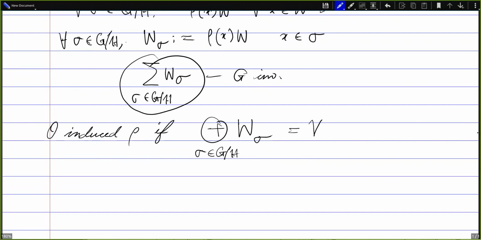Now we will define the induction. We define the meaning of induction for any arbitrary representation which may not be a sub-representation of the restriction.